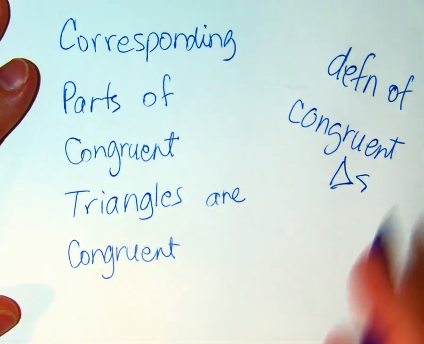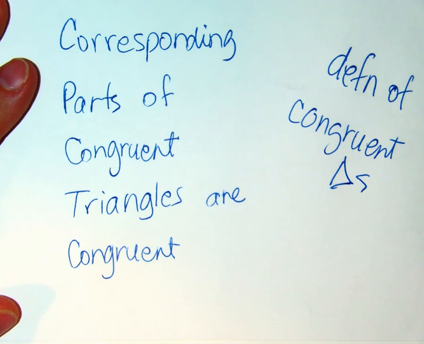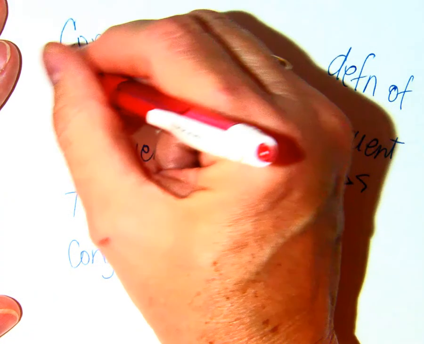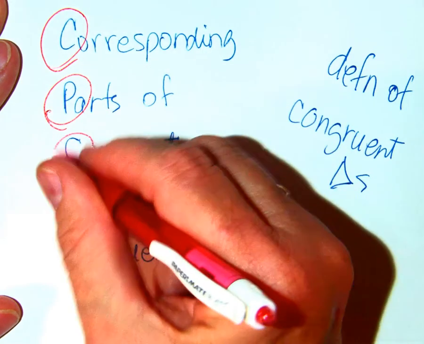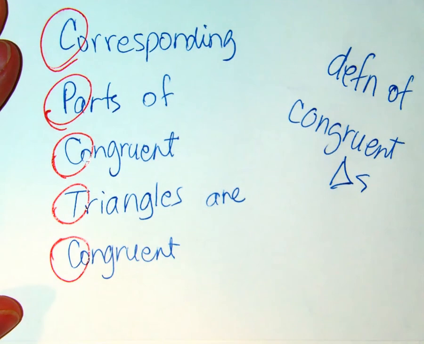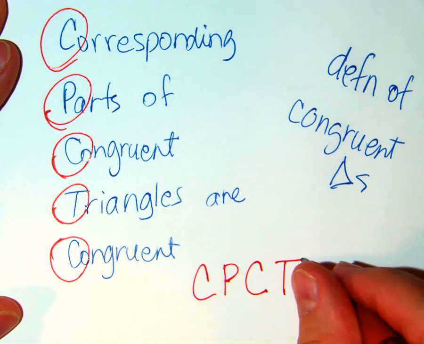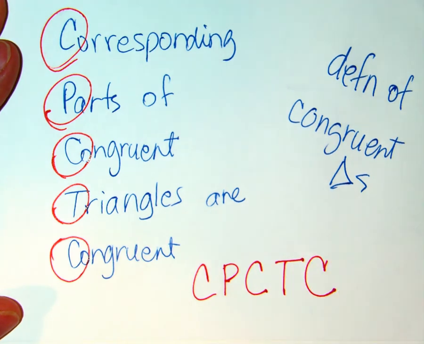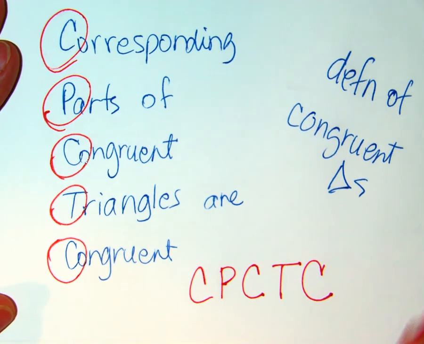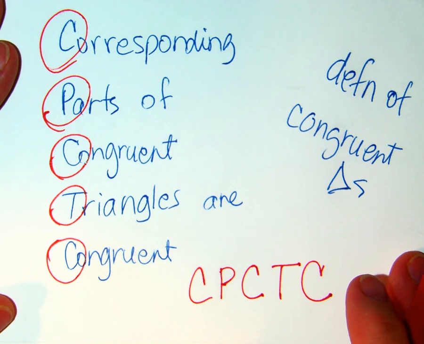Well, then you'll say, why are you telling me this? Because there's a handy abbreviation that you're allowed to use. The first letter of each one of the main words. Corresponding parts of congruent triangles are congruent. You can use this as your reason in proofs. And whenever you say, what's the reason? You can say CPCTC.